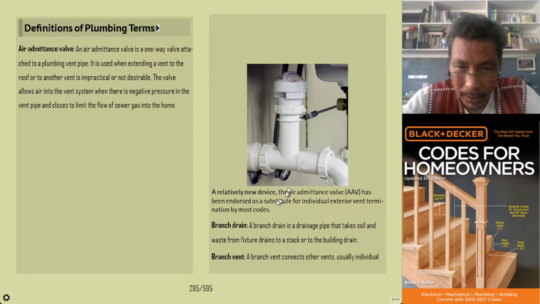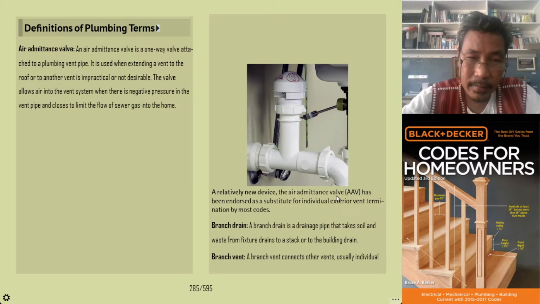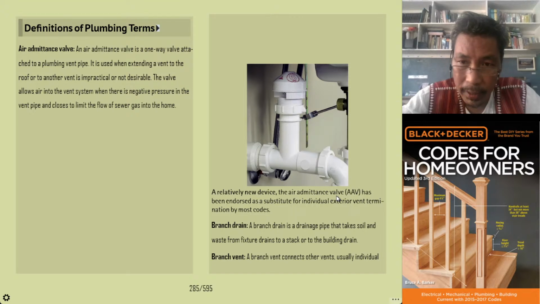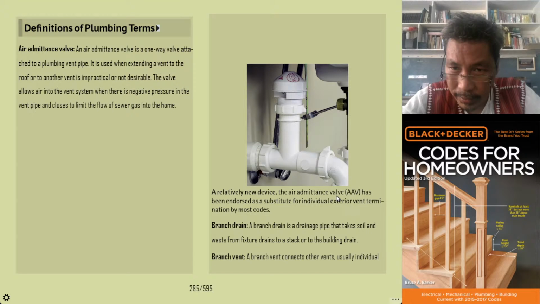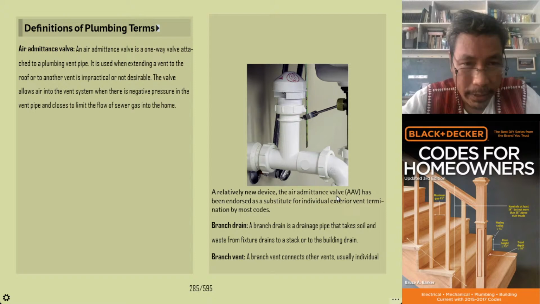What do you mean by admittance valve? It is a one-way valve attached to a plumbing vent pipe. One-way valve, meaning the flow of the fluid inside it would only be allowed in one direction. That is what we mean by one way.